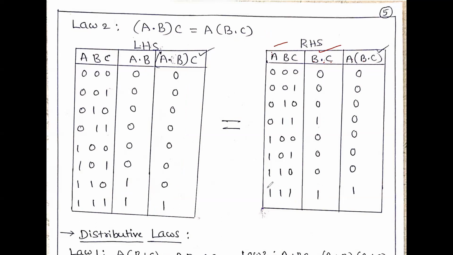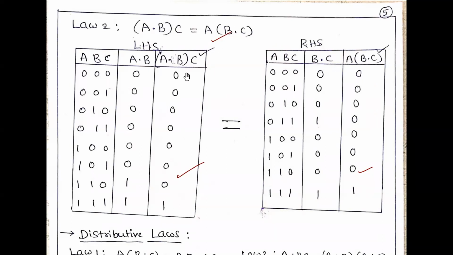Again, we should check only the last combination has two 1s. Now only we will get the 1. The remaining all combinations have zeros. Now we should check the LHS part and RHS part. Both are equal. That means the associative law over the dot is also satisfied.